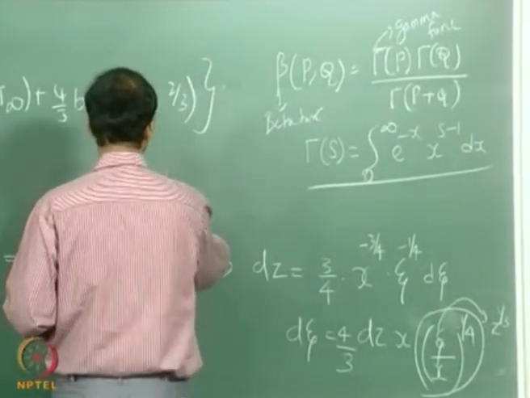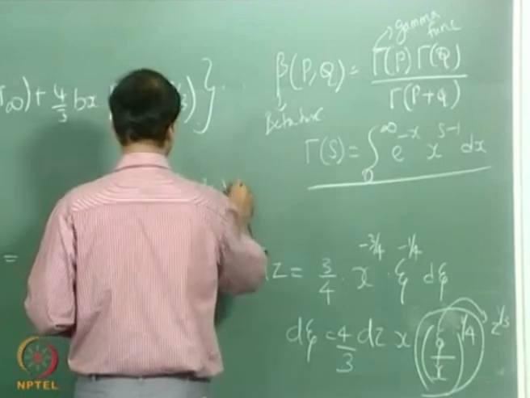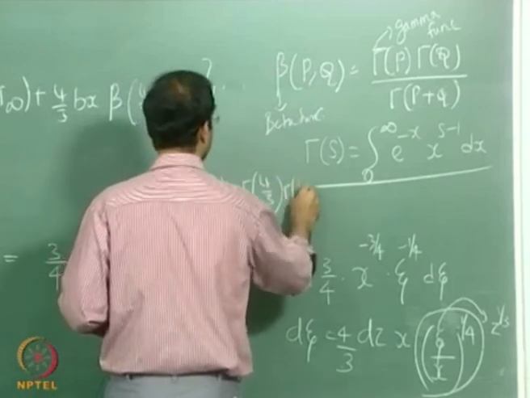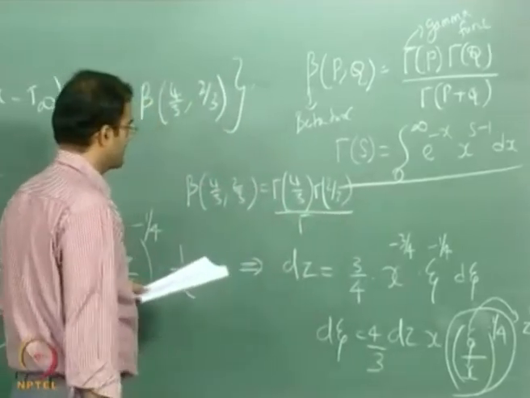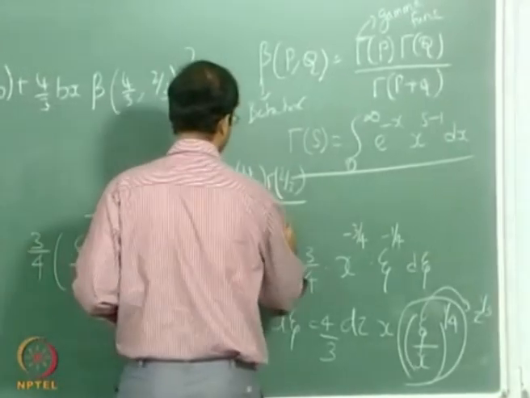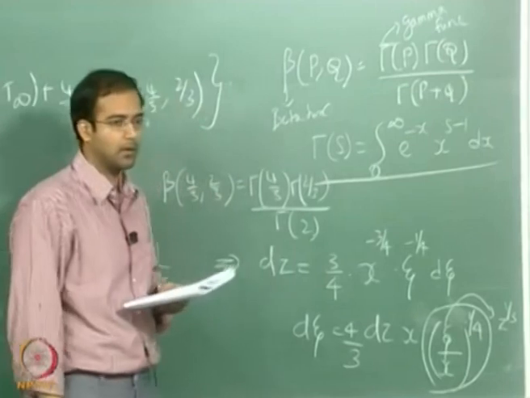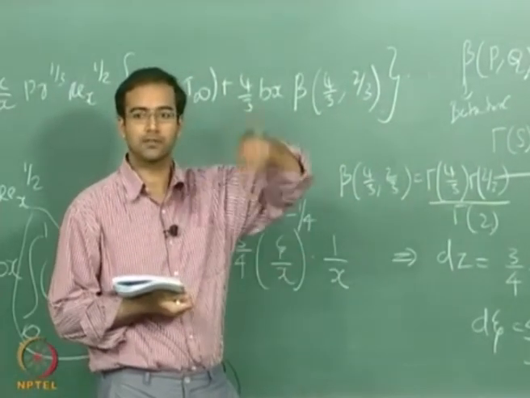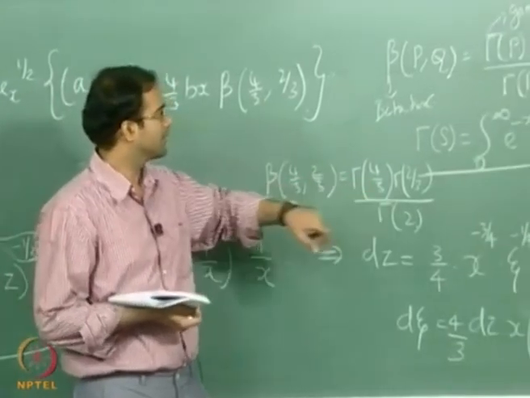Therefore beta of 4 by 3 comma 2 by 3 will be gamma of 4 by 3 into gamma of 2 by 3 divided by gamma of 6 by 3, that is 2. If you plug in from the gamma function tables which are available online, you can Google gamma function charts and you will find those charts for different values of p and q.